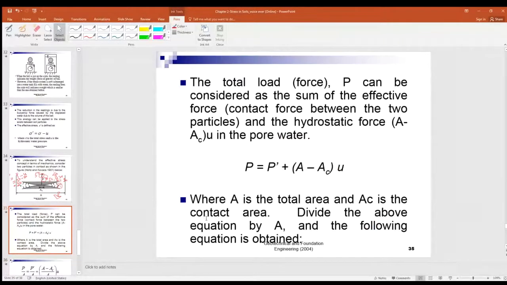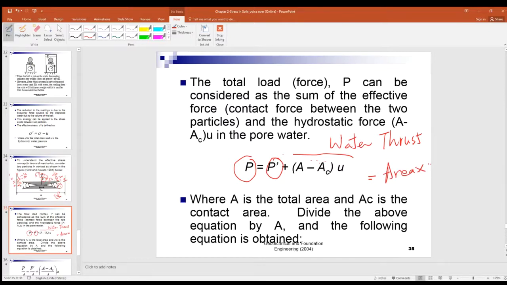Now, if you use this equation, P is the total load, and it is equal to the effective stress plus the water force. The force is equal to area times the pore water pressure.